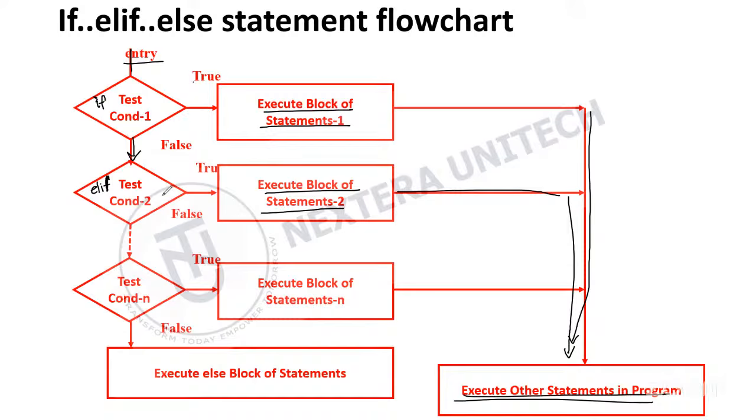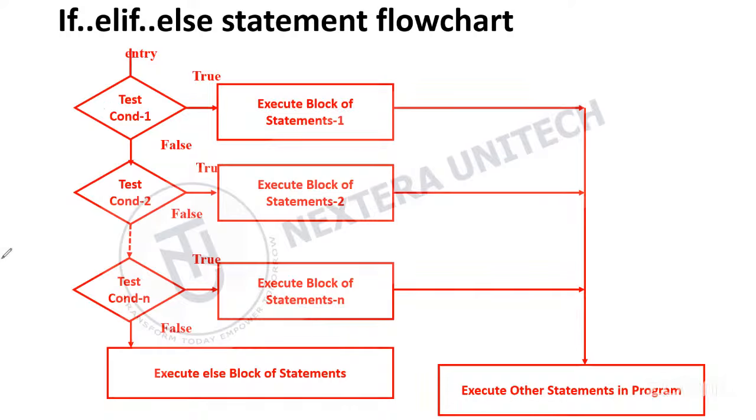But if this test 2 condition is false, it will go to the next condition and check. If that is true, it will execute the block of statements. And if all your test conditions in if and elif become false, then it will execute the else block directly. So this is how if, elif, else will work.